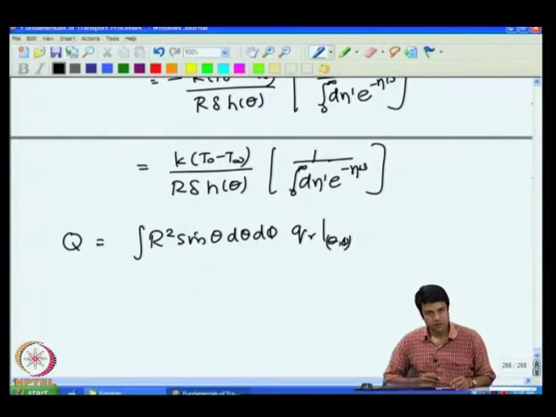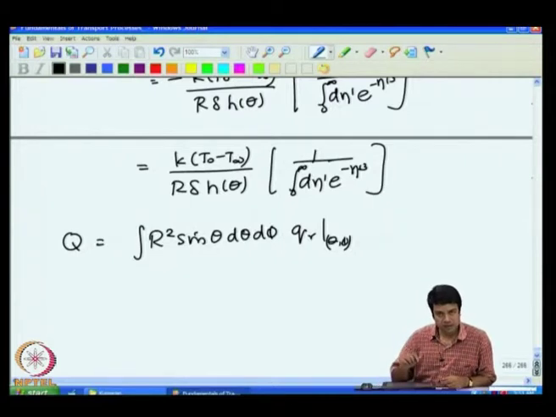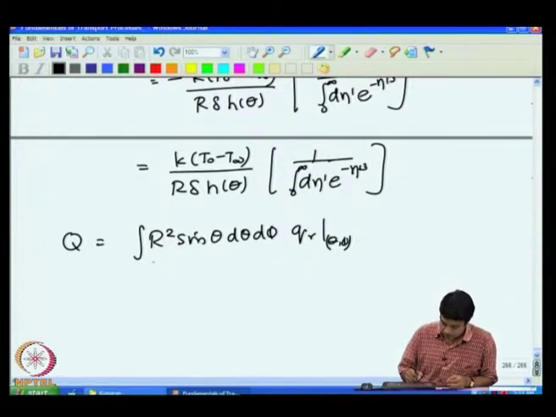R square, because the surface area of the sphere is capital R square times sin theta d theta, the differential element. So, R sin theta d theta is the differential element in the theta direction, and R sin theta d phi in the phi direction. Theta goes from 0 to pi and phi goes from 0 to 2 pi.